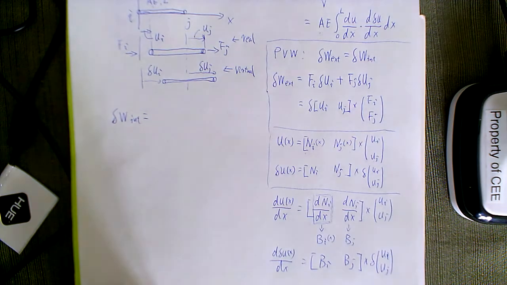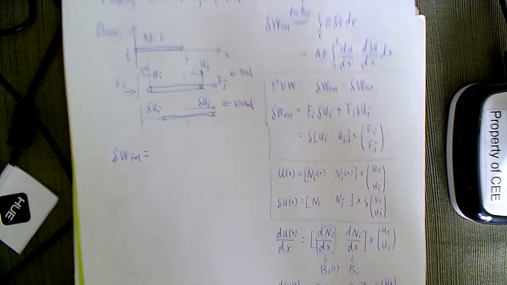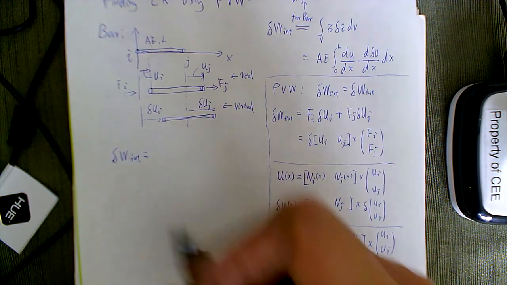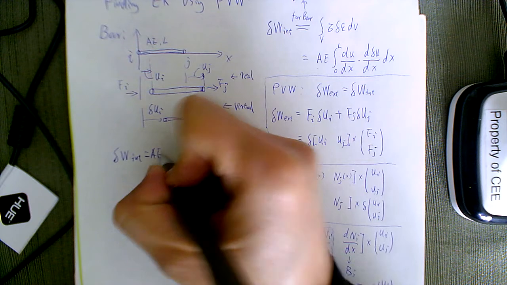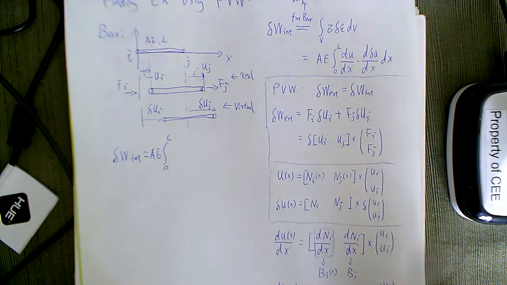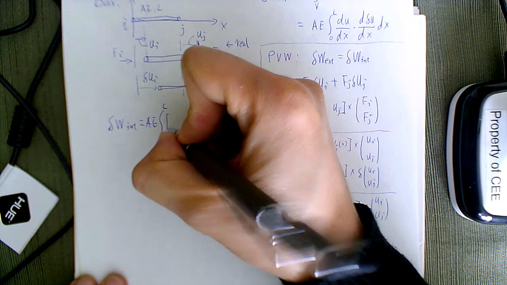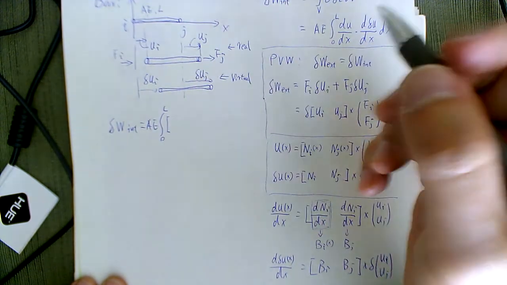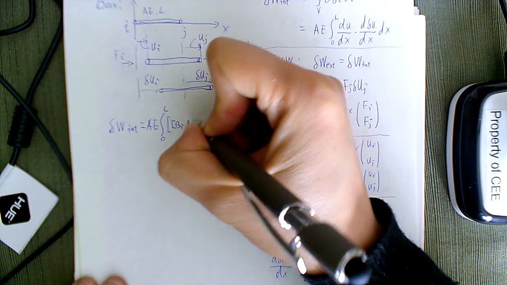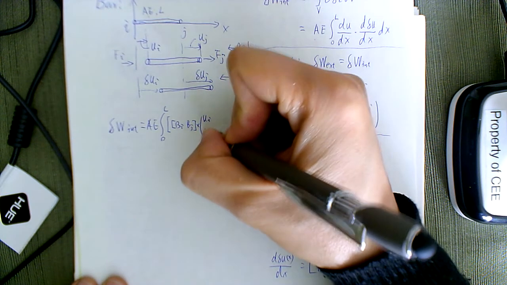So the internal work, if you think about how this is done, I'm doing nothing, I'm just copying the formula right here, and I'm gonna plug in this. So basically it should be bi bj then times ui uj.